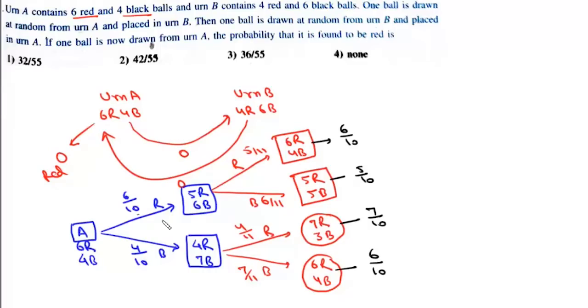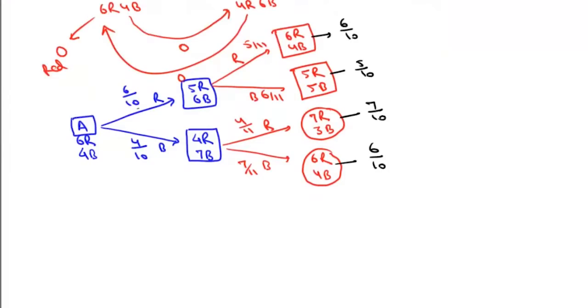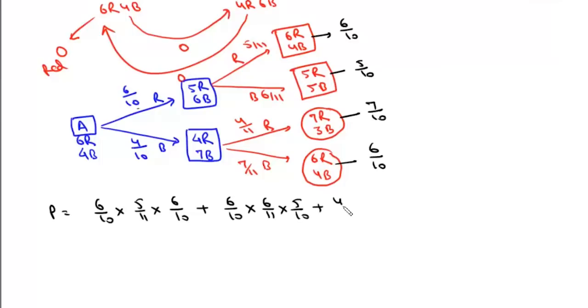So this required probability is sum of product of all these cases, which is 6 by 10 into 5 by 11 into 6 by 10 plus 6 by 10 into 6 by 11 into 5 by 10 plus 4 by 10 into 4 by 11 into 7 by 10 plus 4 by 10 into 7 by 11 into 6 by 10.